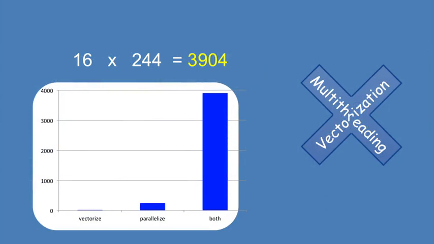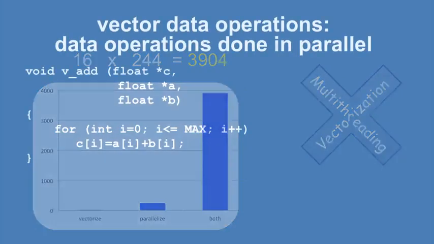So I can get 244x by threading. I can get 16x by vectorizing. If I do both of them, I can get 3,904x. Now, of course, you never get these ideal numbers, but the math is pretty compelling. And so what we see is go get your code running in parallel, but then go back and make sure you're taking advantage of vectorization because the multiplicative effects are amazing.